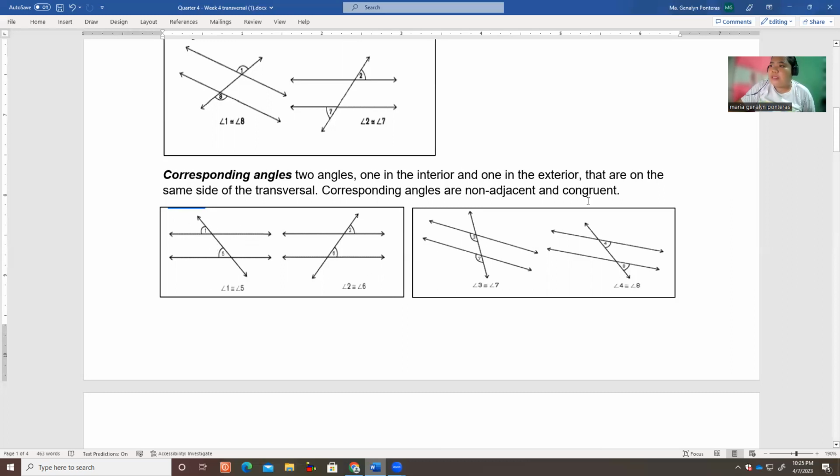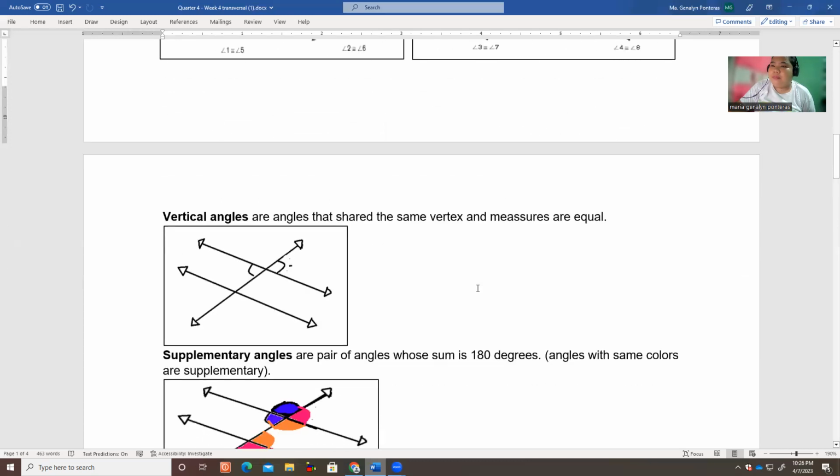So isa sa loob, isa sa labas. So one interior and one exterior. Katulad nito sa first figure, parehas sa left side. Sa second naman, angle 2 and angle 6 parehas na sa right side. Angle 3, angle 7, nasa left side parehas. Angle 4, angle 8, both of them in right side.